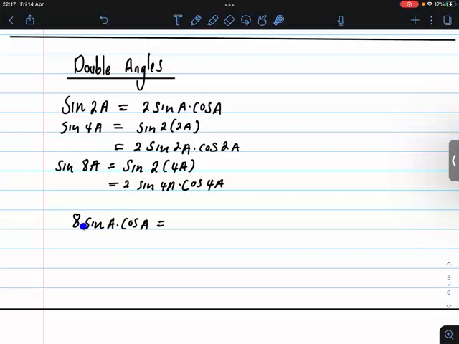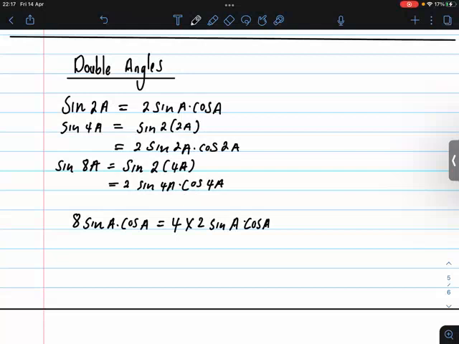You want to split 8 into this thing. 8 is the same as 4 times 2 sine A cos A. Do you see that? 8 is the same as 4 times 2. Do you see that, guys? Yes, sir.